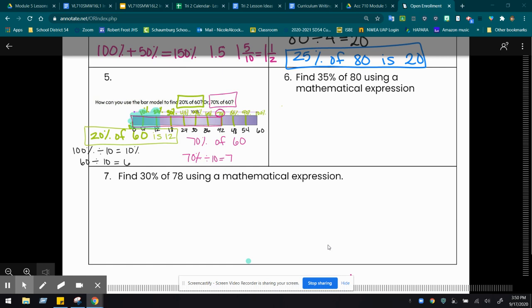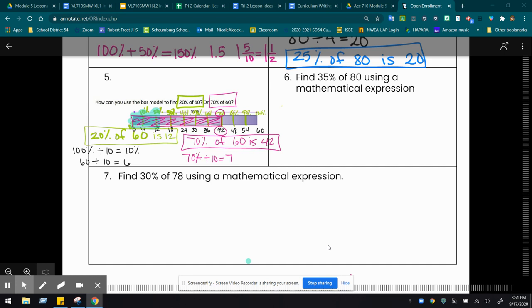I can even shade it pink. It's kind of a lot. It's more than 50%. 70% of 60 is 42. So once you divide that bar into 10 pieces or 10%, it's really easy to find those other whole numbers.